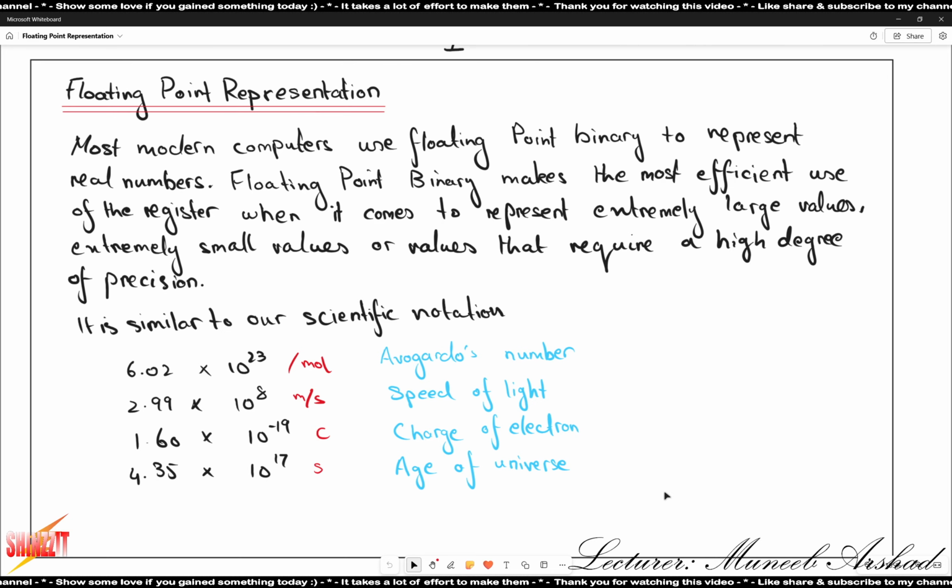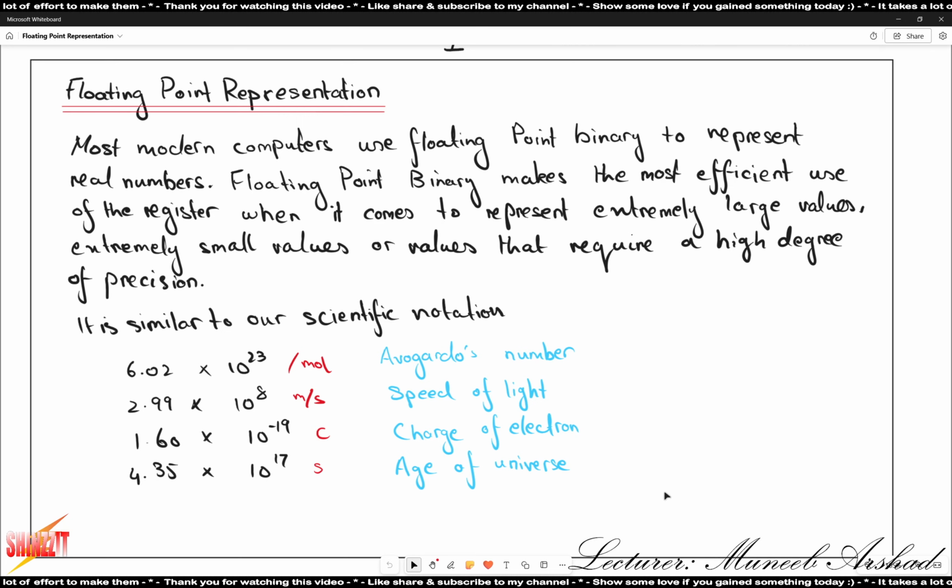So I was saying that most modern computers, they use the floating point binary to represent real numbers. Real numbers, all of us know numbers which have a decimal. And the floating point binary makes the most efficient use of the register. Again, efficient use of the register actually refers to how much space it's going to occupy in your register.